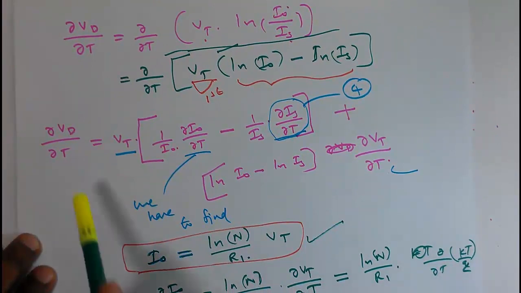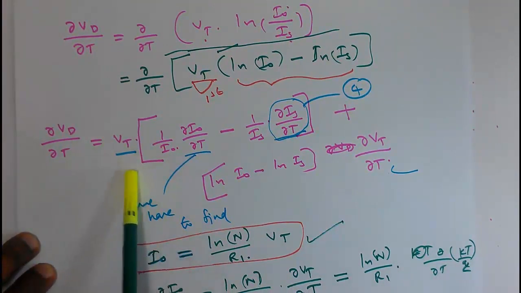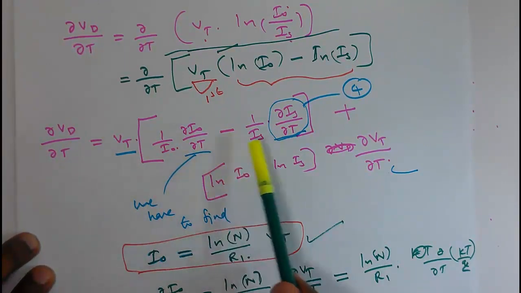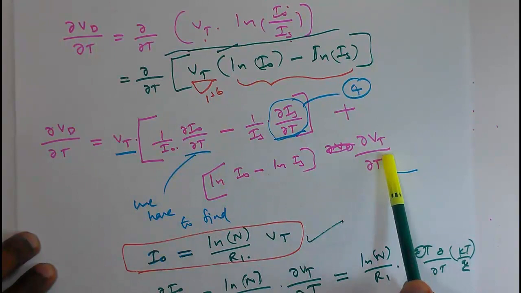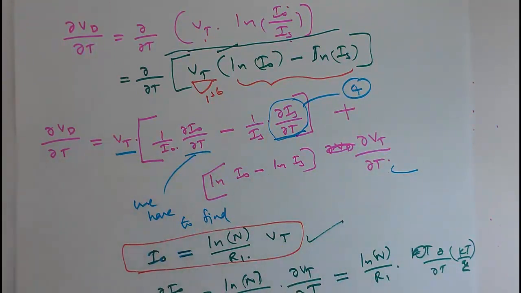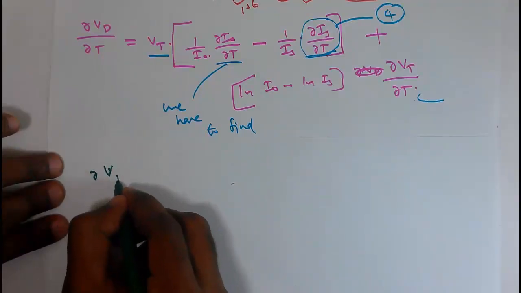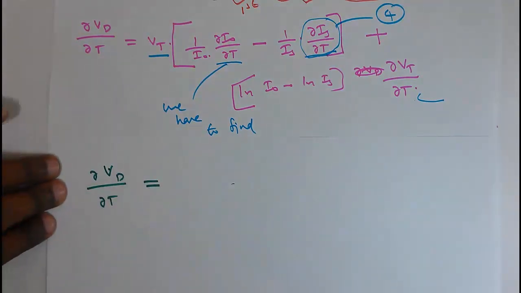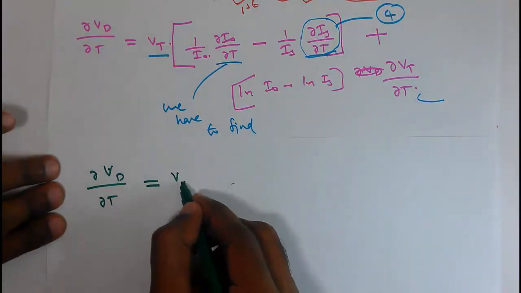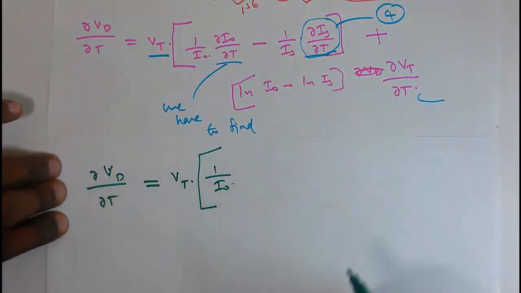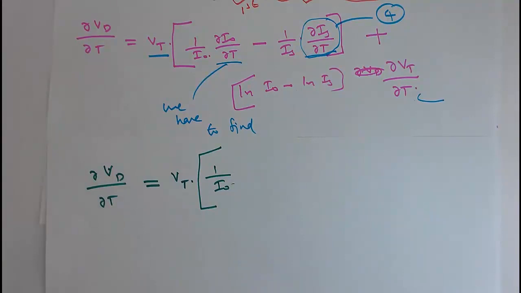To find the exact value we need dou I0 by dou T, dou Is by dou T, and dou Vt by dou T, and now we got all these values. Then we can proceed from here. That is dou Vd by dou T is equal to Vt into 1 by I0 into dou I0 by dou T.